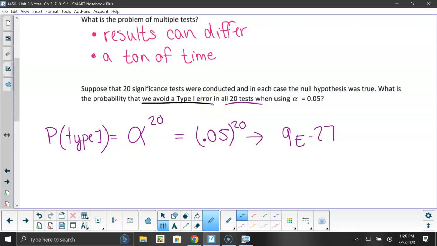Right, so you're most likely going to have a type 1 error. Well, look, my probability is basically 0. The probability that I do not have a type 1 error. Yeah, I know, I don't like the wording either. Don't worry about it. It should say the probability you will have a type 1 error is 0% because you most likely. Yes.